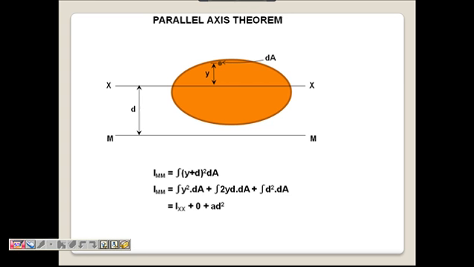Now you see, there are only two types of problems. In the first type, you are given some axis and you are asked to find the moment of inertia about that. In the second type, you are asked to find the moment of inertia about the centroidal axis of a new figure, which is a combination of standard figures. We'll look at these two in the second and third lecture.